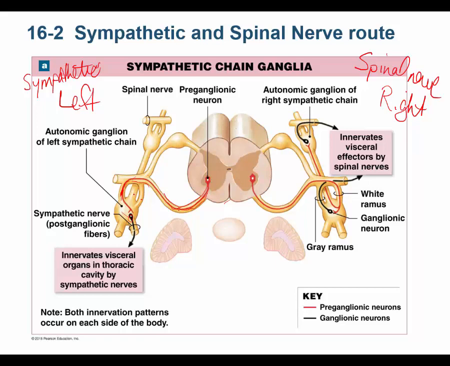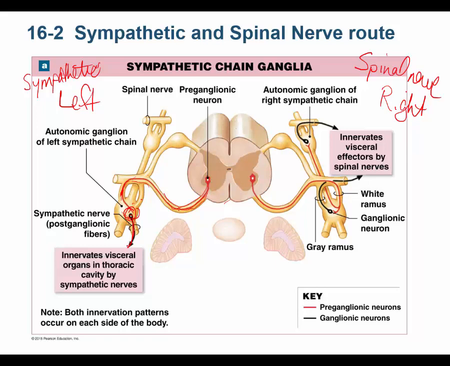You're kind of looking down the spinal cord here, and this sympathetic chain ganglia is also going into the screen and out of the screen. It's running up and down right alongside the spinal cord, and you should recall this from lab anyway. This preganglionic neuron synapses with the postganglionic neuron right there in the sympathetic chain ganglia. Then the postganglionic neuron leaves through a sympathetic nerve. This is the sympathetic nerve route.